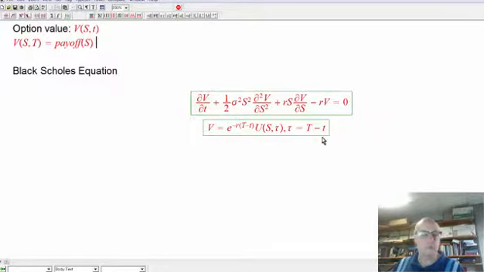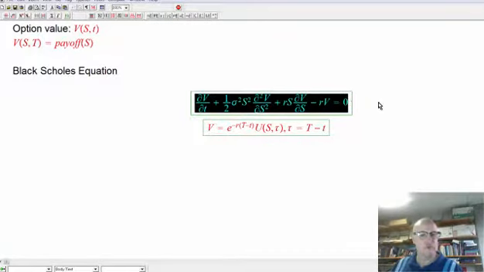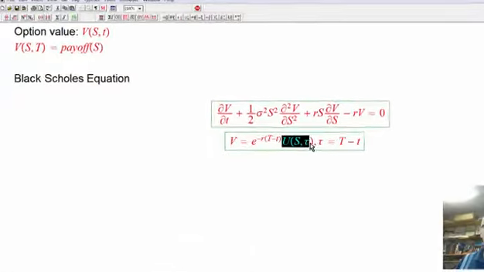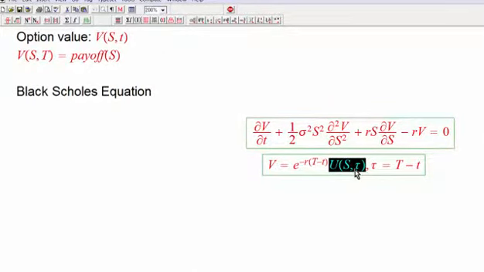Now, we're trying to transform this Black Scholes equation into something whose solution we already know. Our first substitution is, I've got V as a function of S and t, and I'm going to make it equal to this time value of money piece times U of S and tau.